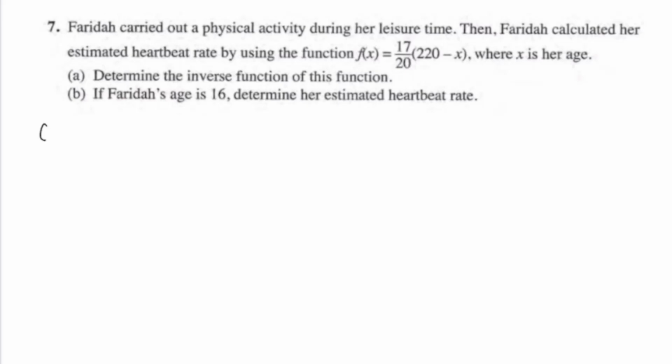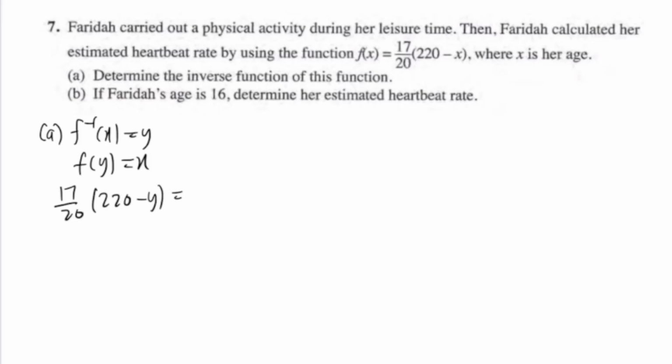Okay, so to inverse this function, we let f inverse x become y. f of y is now x. So 17 over 20, 220 minus y is now x. 220 minus y is 20 over 17 x. Okay, let us make y the subject.